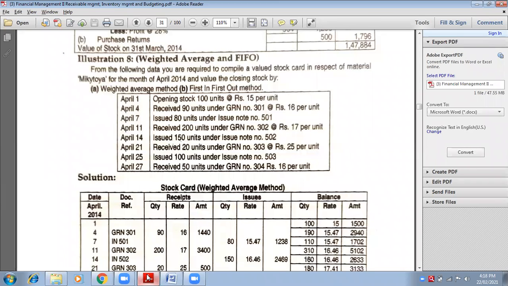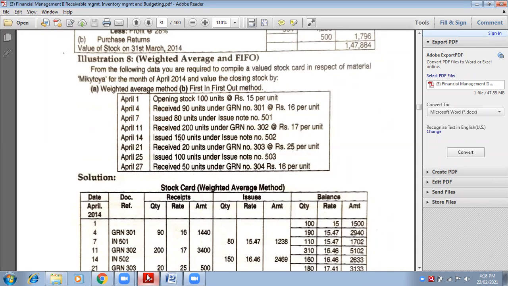So write down 40. But we need to check. Wait. How many units were there in the third slot? 200 units. Out of 200, can we take out 40 units easily? Yes, ma'am. Okay, so take out 40 units into 17. Why 17? Because it is a part of the 200 units.